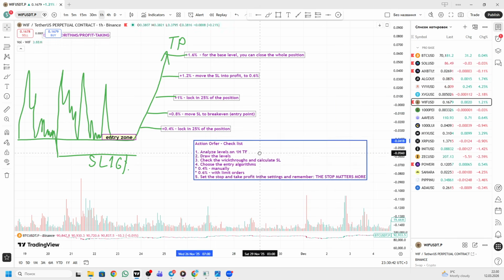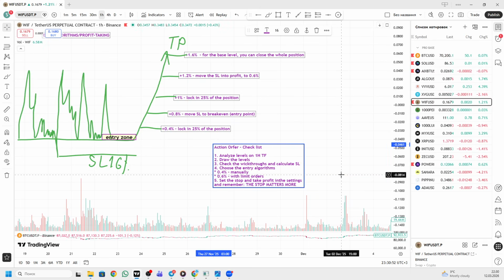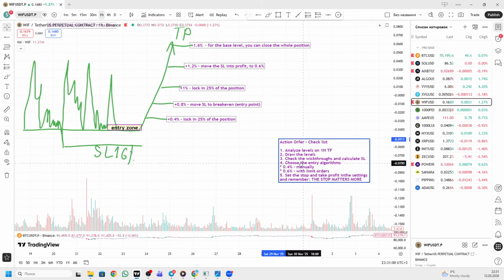Okay, so this is like a checklist. When you want to enter the trade, first read it, see what you have done, what you haven't done, what you've forgotten, and after that get into the trade.